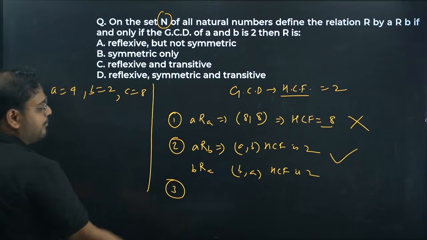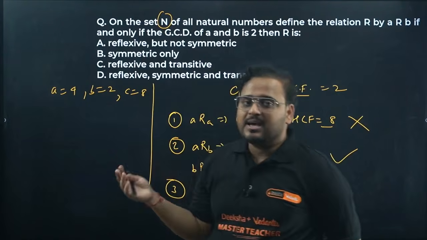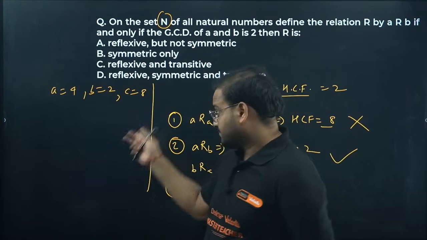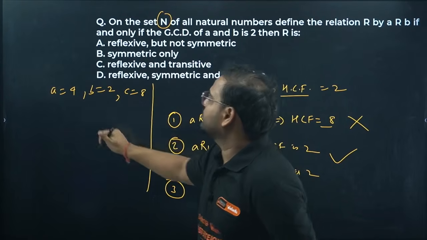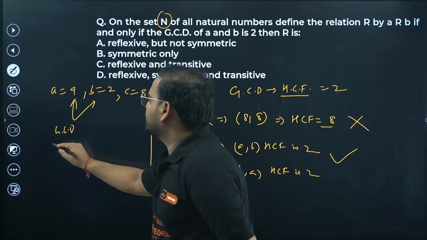What I'm doing over here is using the second method, taking any 3 values of A, B, C, and we will check the property of a relation, which is going to be GCD of 2. Check here, GCD 2, yes or no? Yes, GCD is 2 here.